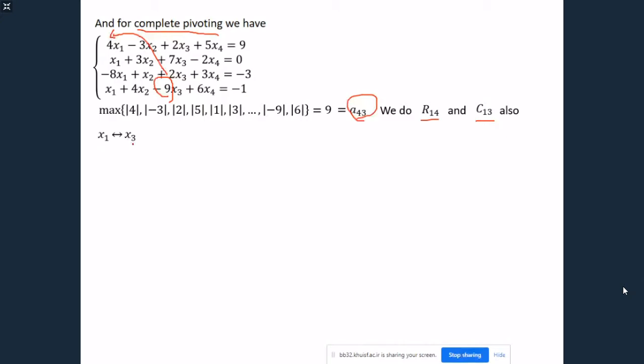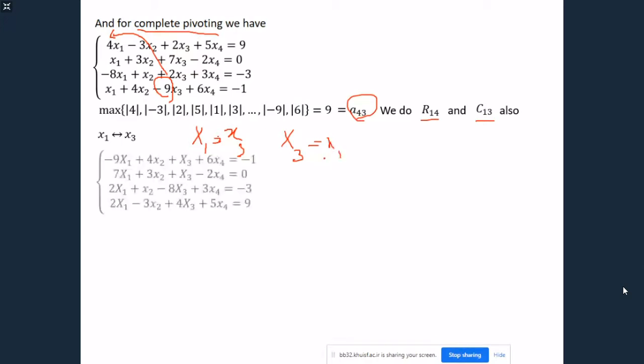So X1 in the capital mode is X3 in the previous mode, and X3 in capital mode is X1 in previous mode. So we change the system in this mode, and we can calculate capital X1, X2, capital X3, X4, and finally change X1 and X3. I want you to continue and write that.